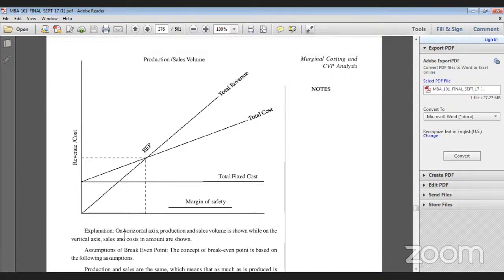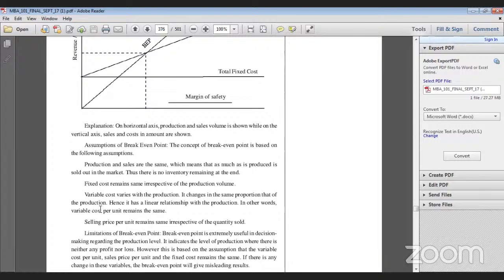It explains the horizontal axis as production and volume, and the vertical axis as sales and cost amounts. The assumptions of break-even point, BEP: the concept of break-even point is based on the following assumptions. Production and sales are the same, which means that whatever product is produced is sold in the market, so there is no inventory remaining at the end.